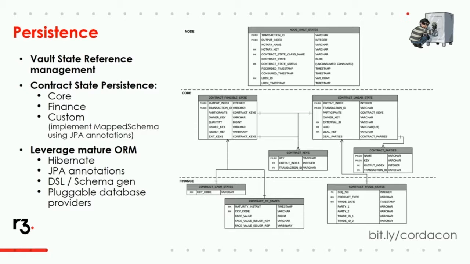It contains the contract state in a serialized form, and it contains a series of metadata attributes about the state of the contract. Then below that, we've got a separation of types of states. So fungible state has a series of attributes which are very useful for querying. And likewise, linear state also has a series of attributes equally useful for querying.